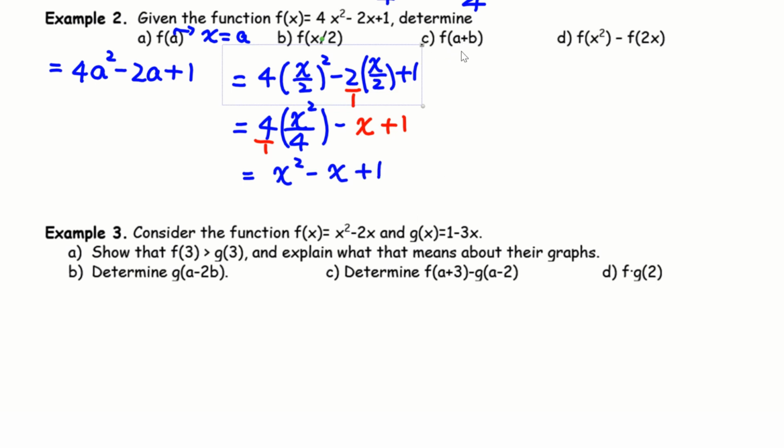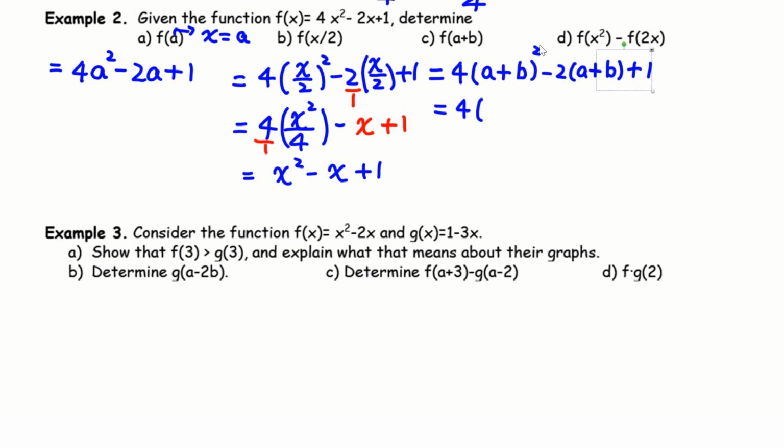So a plus b, we sub in a plus b, we have 4 bracket a plus b bracket squared minus 2 times a plus b, then plus 1. We could simplify it by expanding.